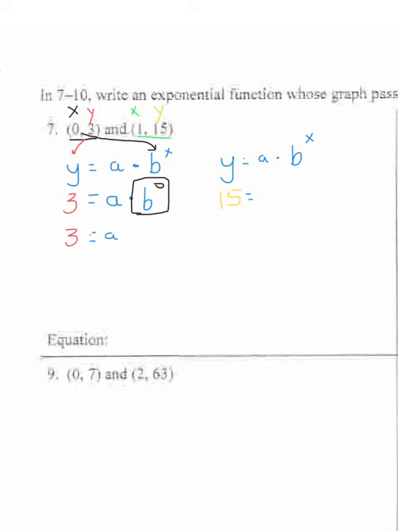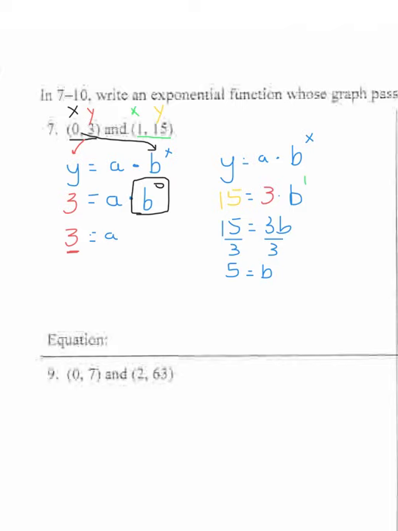A is 3, right, because of this 3, times b to the x. And x is now 1. So b to the first is just b. So this is going to be 15 equals 3b. And we solve for b by dividing by 3. So 5 is going to be equal to b.